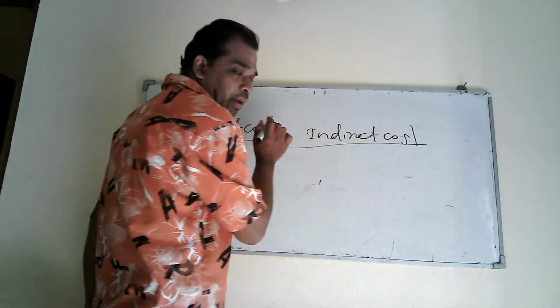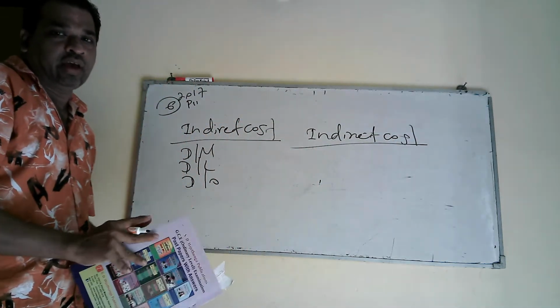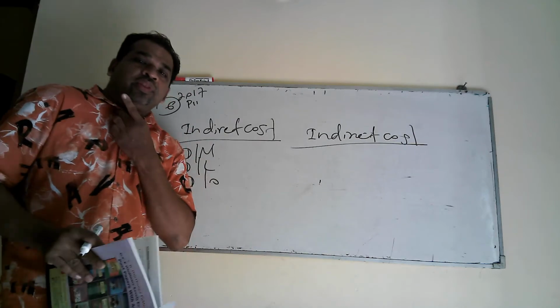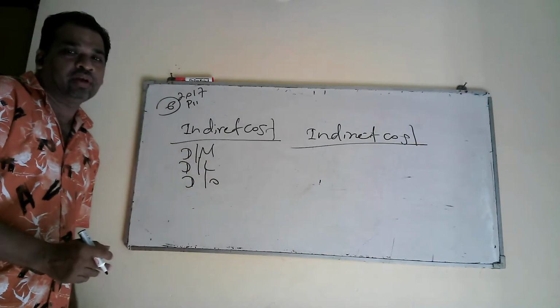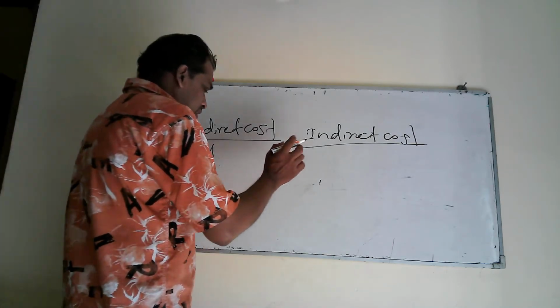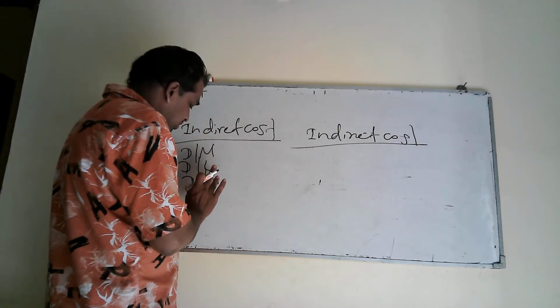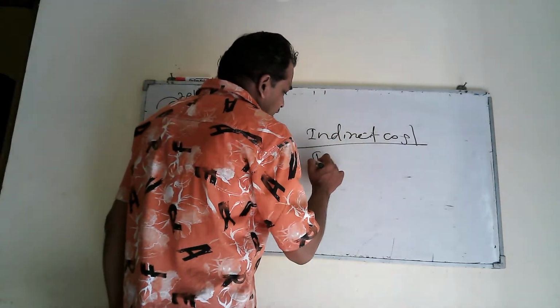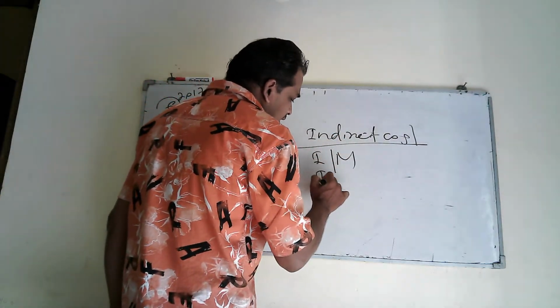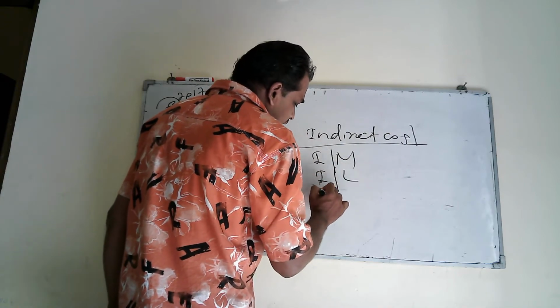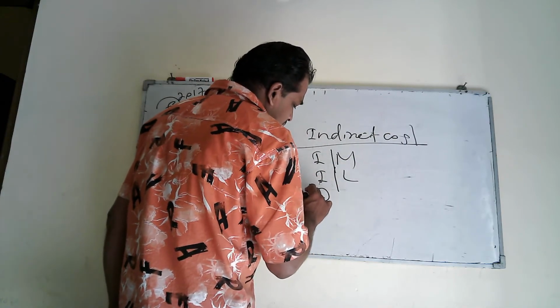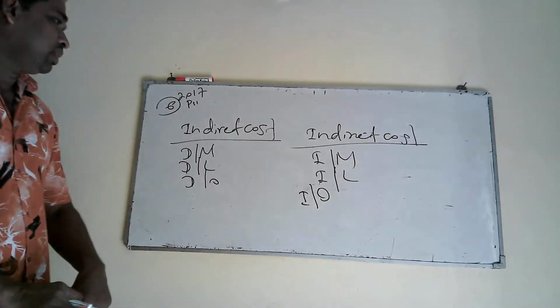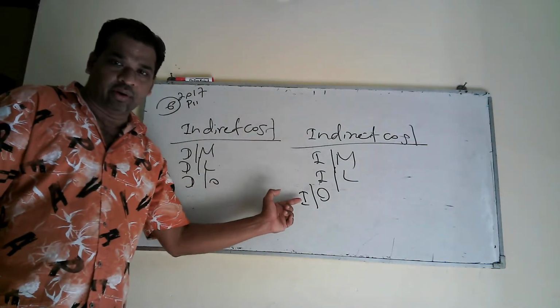Because at the exam you have to manage time, as you have got 2 marks, you can't exceed more than 4 minutes, right? Close to 4 minutes. Then under indirect cost: indirect material, indirect labor, and indirect other cost, right?